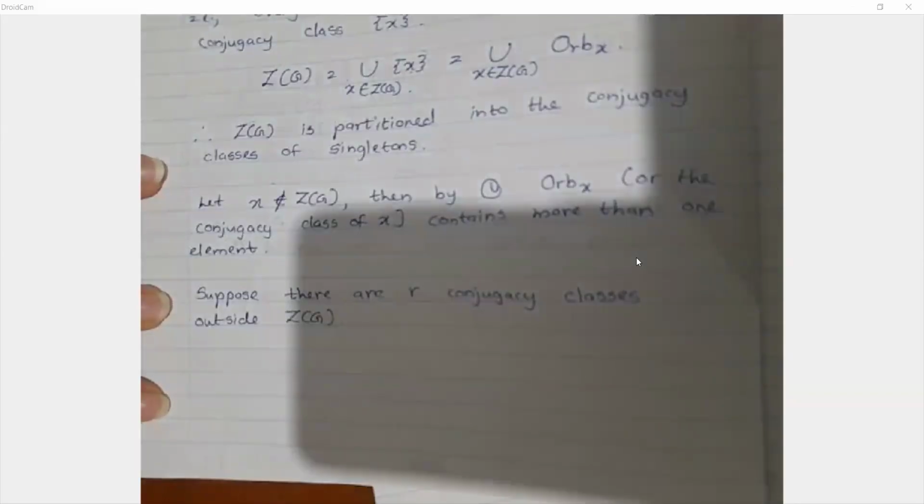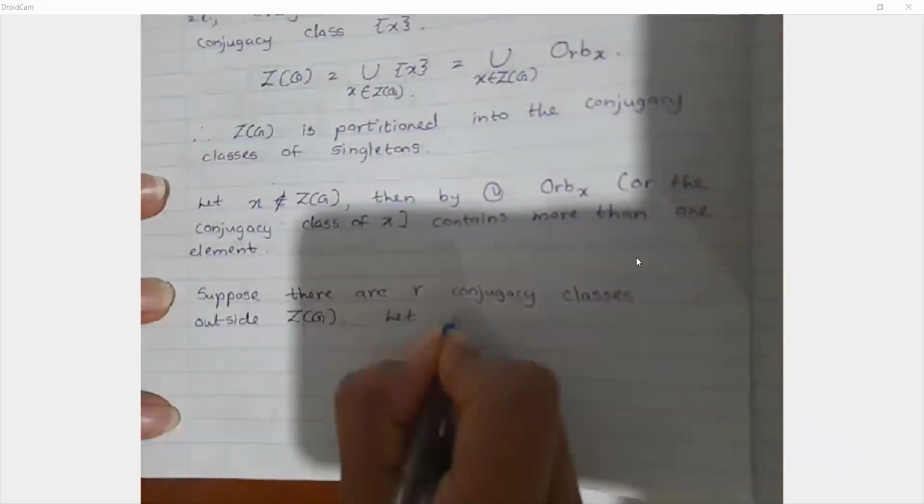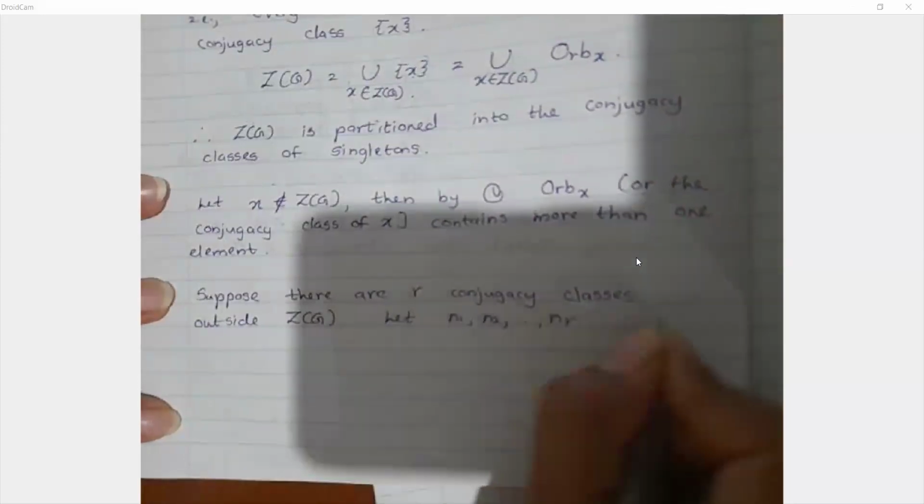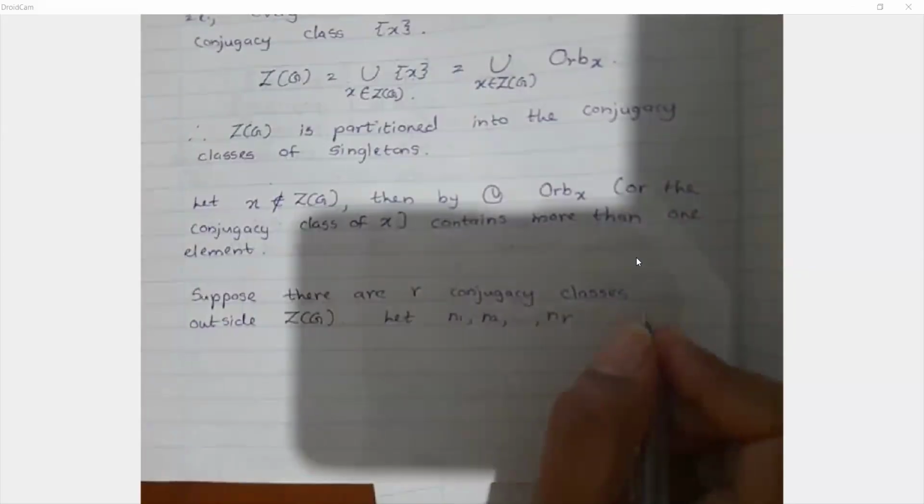So we can have a finite number of such conjugacy classes. So now we have R number of conjugacy classes outside of the center. If you take all the elements that are in the center, we have all these singleton sets, which are conjugacy classes by themselves, right? So for any element that you take outside of the center, let's suppose there are R number of conjugacy classes with respect to those. And let's take N1, N2, up to NR to be the number of elements in these conjugacy classes.